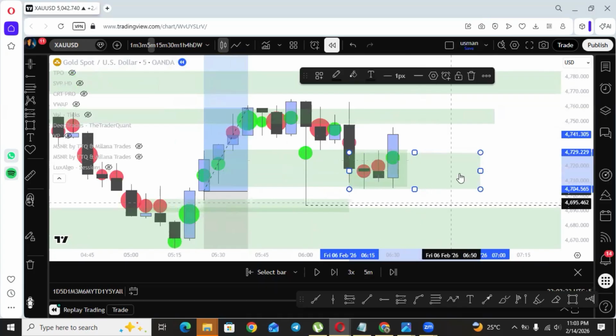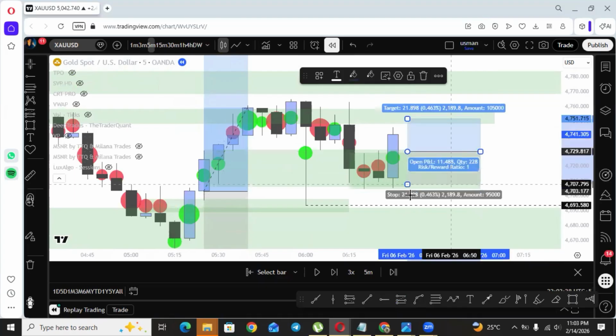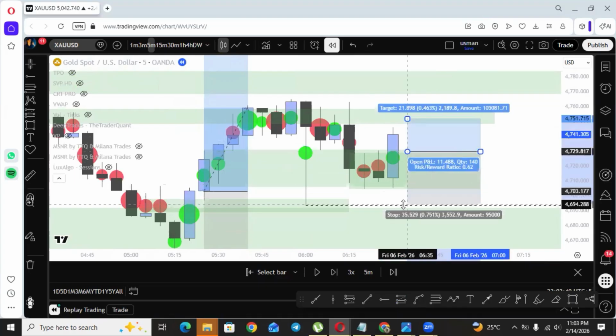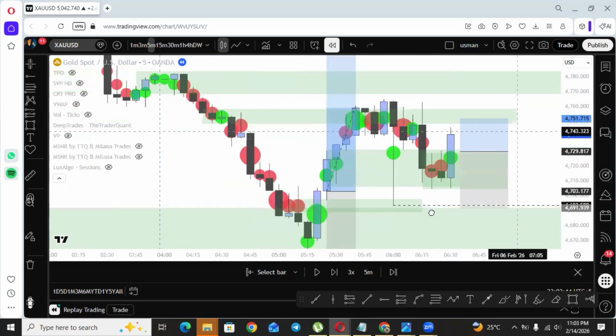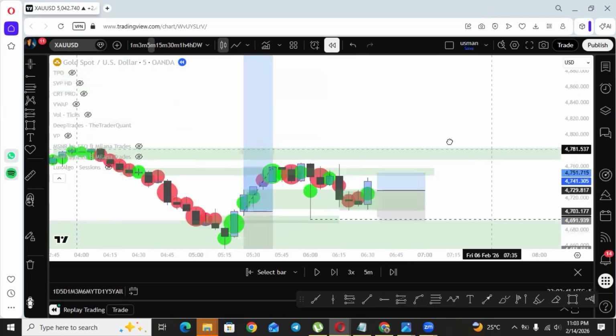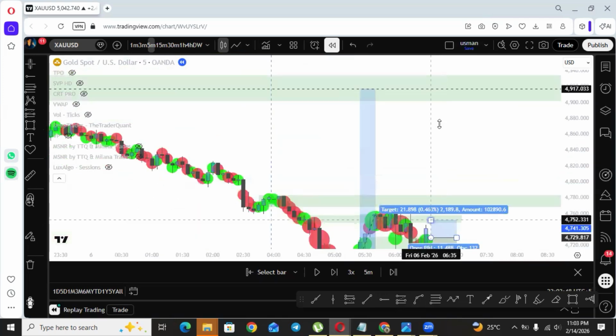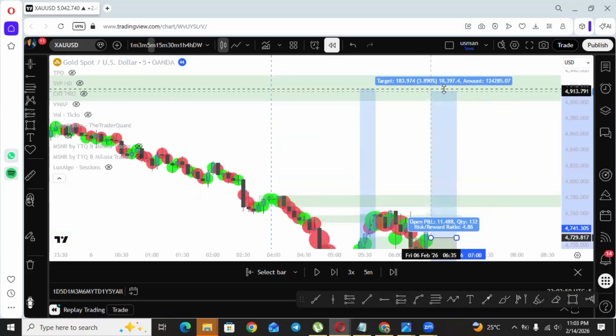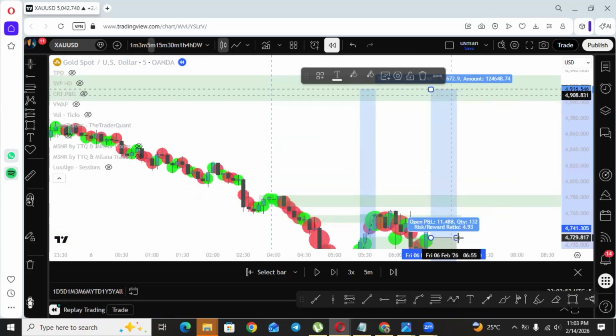Now you can enter again into a position. I will put my limit over here and stop loss at this wick. And target will be the same as before, because market is respecting our bias, so we will stick with our bias.